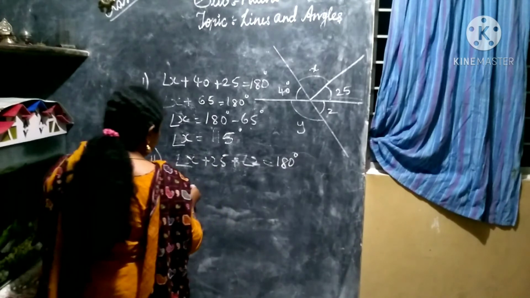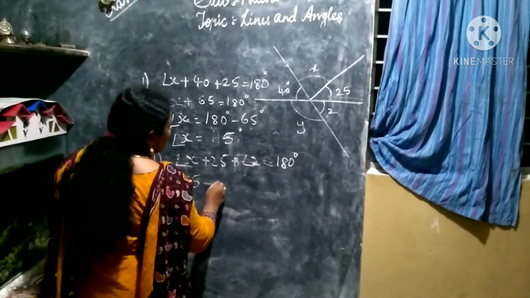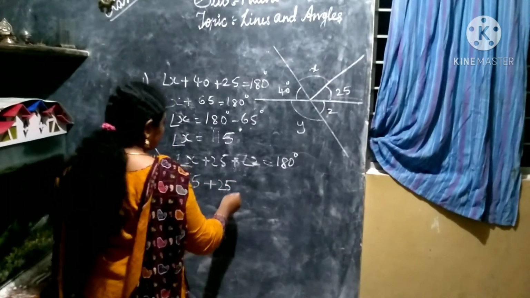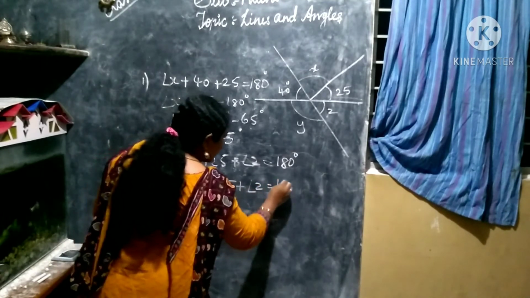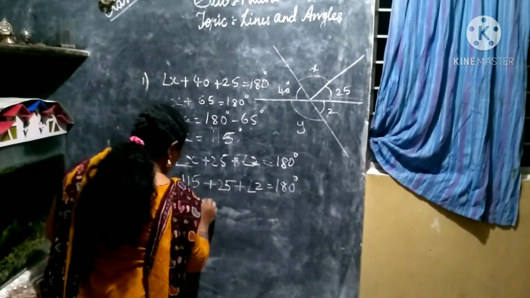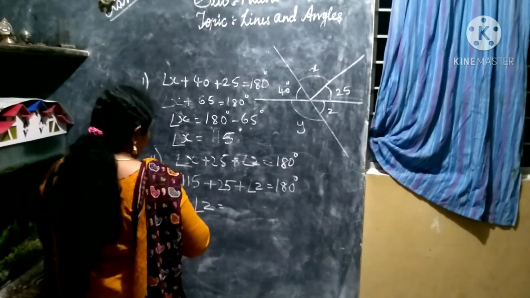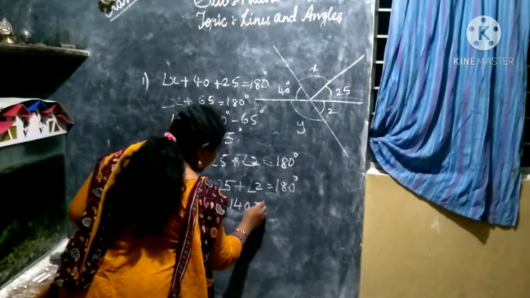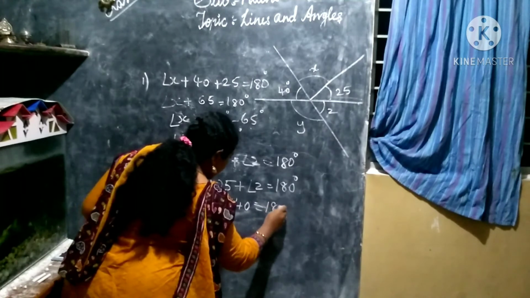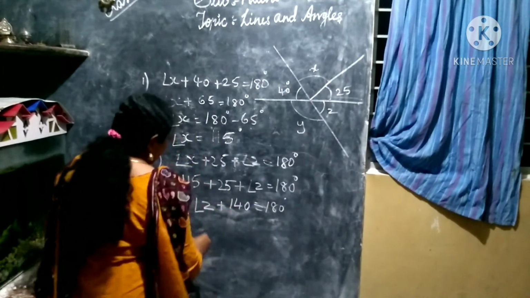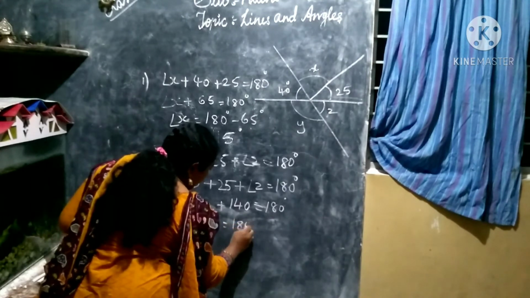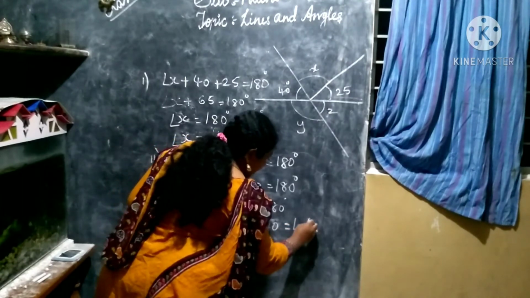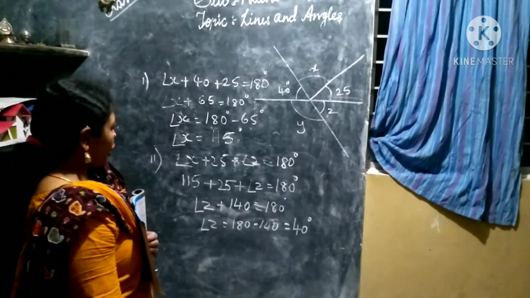We already got angle x, it's 115 degree, plus 25 plus angle z is equal to 180 degree. So 140 plus angle z is equal to 180. Therefore angle z is equal to 180 minus 140. What is 180 minus 140? It is 40 degree. Therefore angle z is equal to 40 degree.